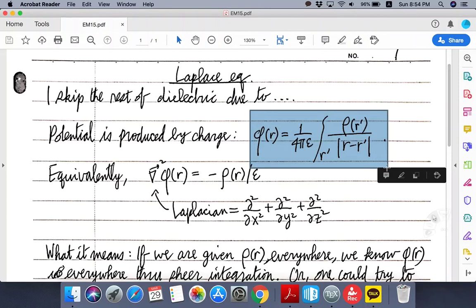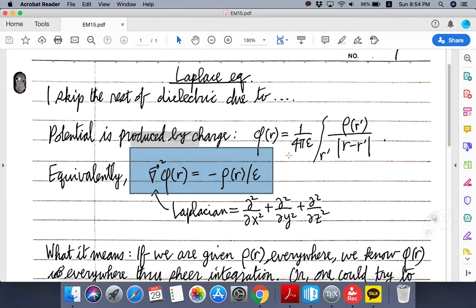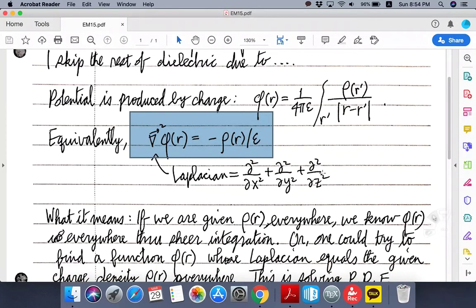analytically or numerically. And a great development took place later, I believe in the 18th century or 19th century, where this scheme was invented to convert this integral relation into a differential relation between the potential and the charge density.